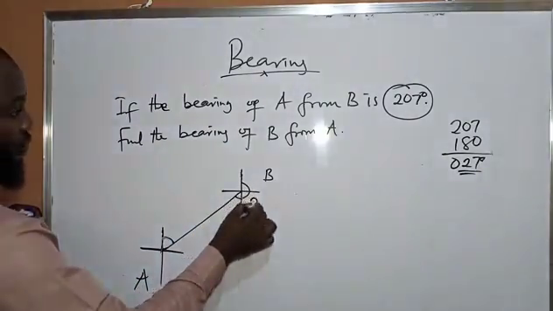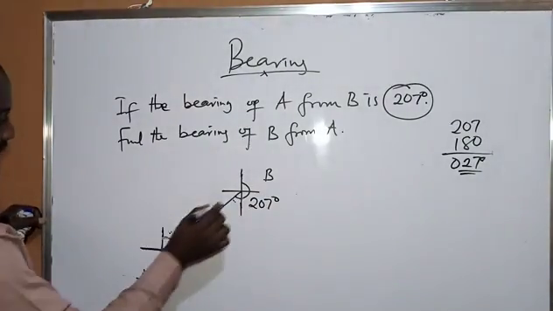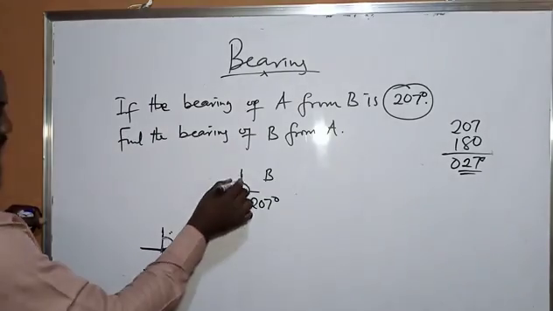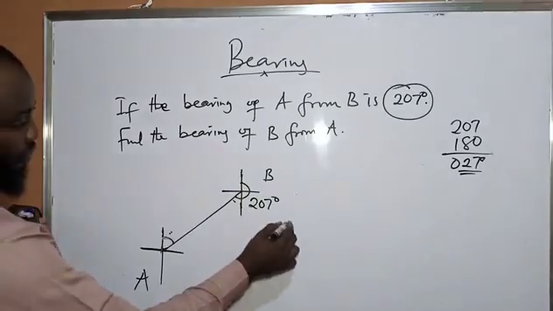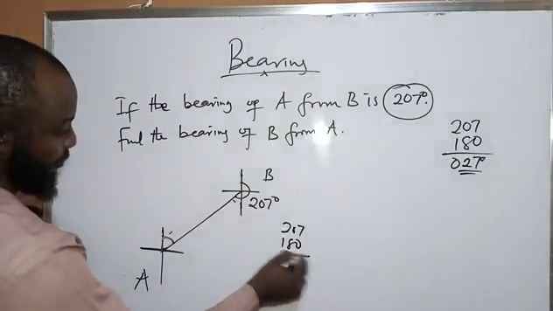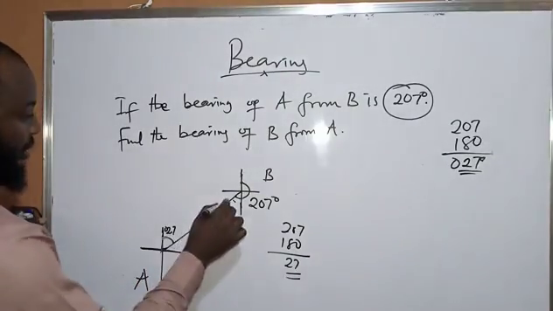Since this one is 207 degrees, and this angle here and this angle here are also the same thing, from here to here is 207, and from here to here is 180. When you subtract 180 from 207, you get 27, which is this one, 27 degrees.